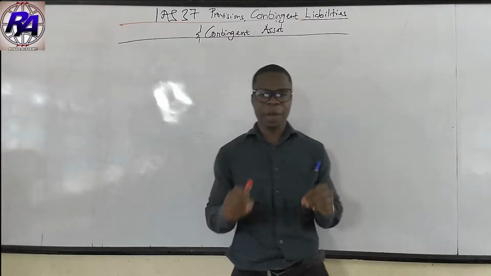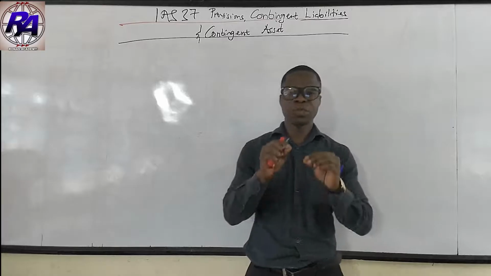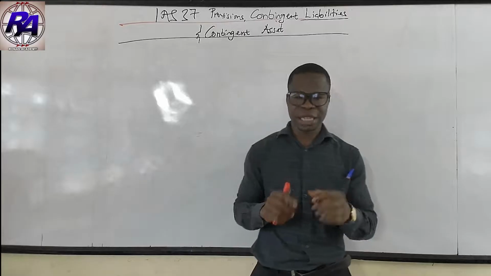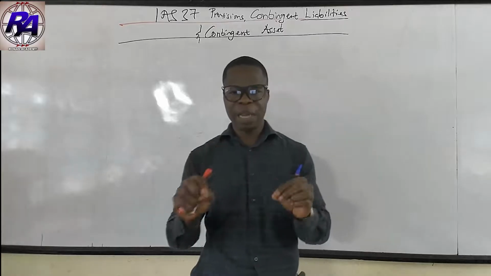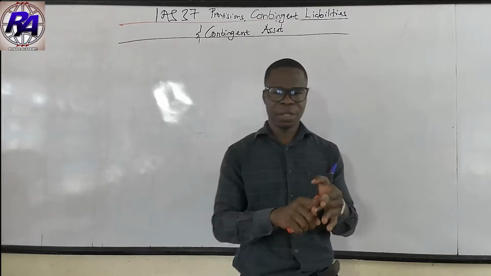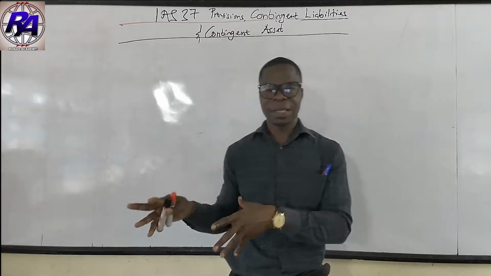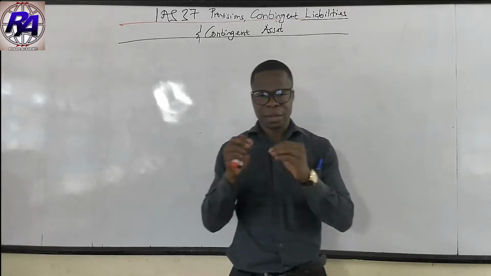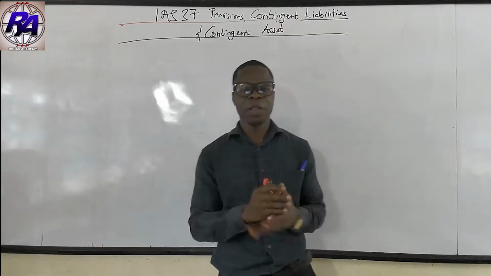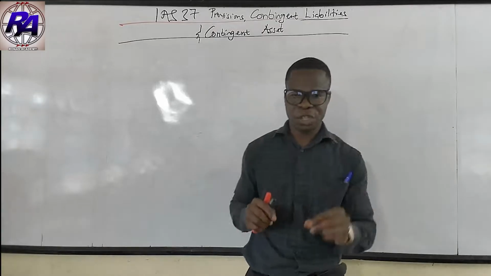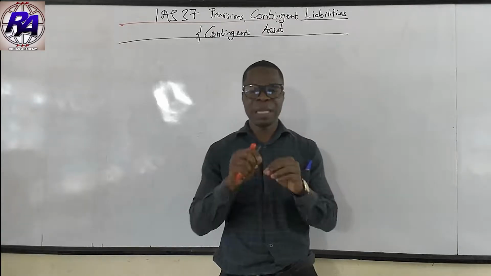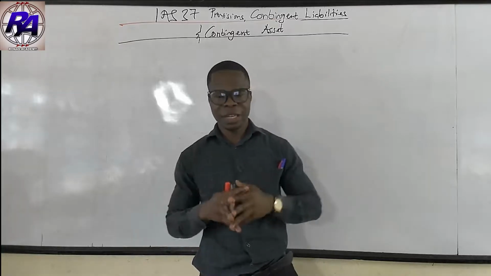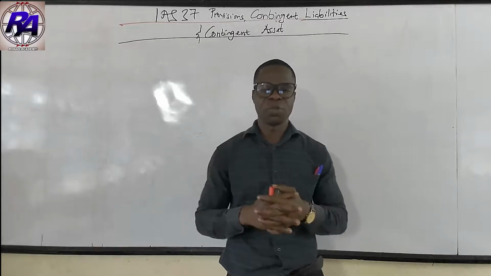Now, the objective of IAS 37 is to prescribe the appropriate recognition criteria and measurement basis for provisions, contingent liabilities, and contingent assets. Those appropriate criteria and measurement bases will provide sufficient information that will be disclosed in the notes to the financial statement, which will aid end users' understanding when it comes to taking their decisions.